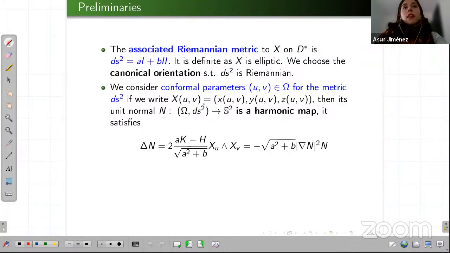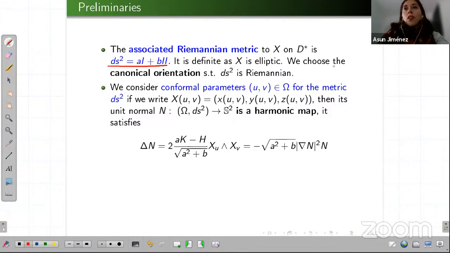Okay, the most important tool we are going to use to prove our results is what we call the associated Riemannian metric of the surface. It happens that since we are dealing with elliptic linear Weingarten surfaces, this quantity here, A times the first fundamental form plus B times the second fundamental form, this quadratic form that we call ds squared, is defined since the immersion is elliptic.